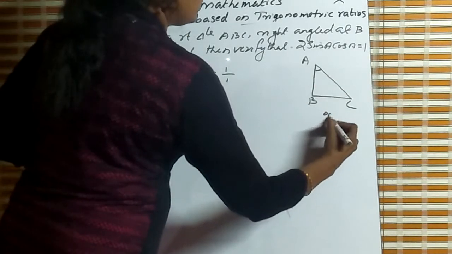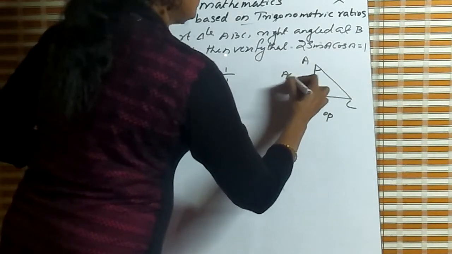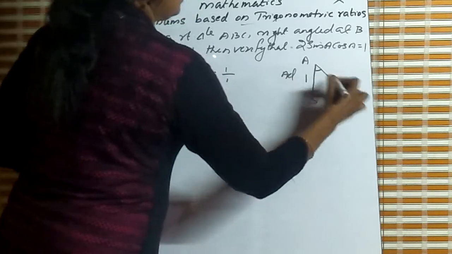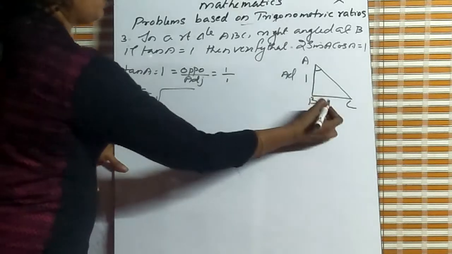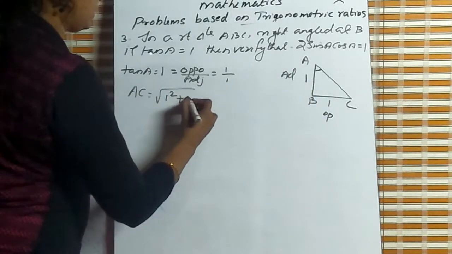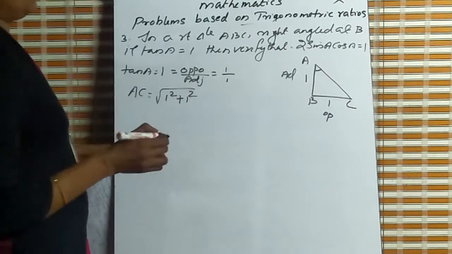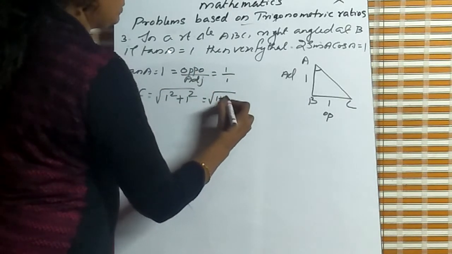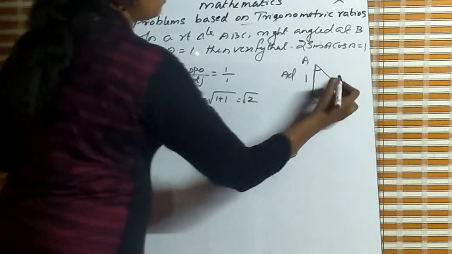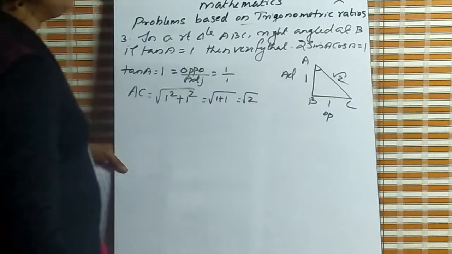This is the opposite side and this is the adjacent side, 1 and 1. We have to find AC. According to Pythagoras theorem, hypotenuse square is equal to base square plus altitude square, which is 1 plus 1 equals 2. AC is equal to square root of 2.